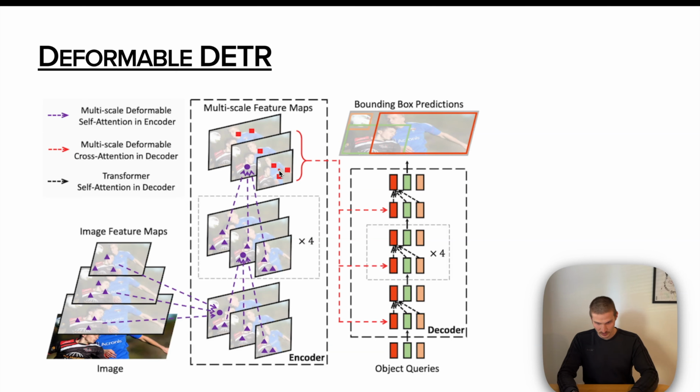So we get reference points as center, we get sampling offsets as the actual delta that we need to add to the reference point to get the actual point we need to sample. And then we have the actual attention weights. And as we'll see shortly, the attention weights are also just computed using linear projection from the query itself.